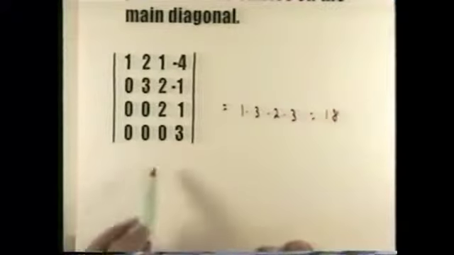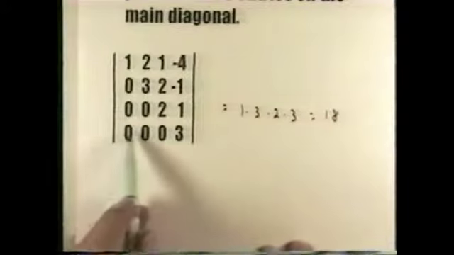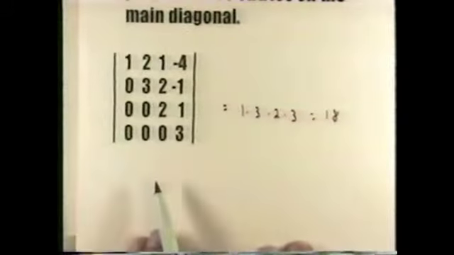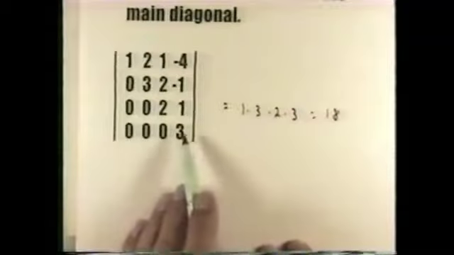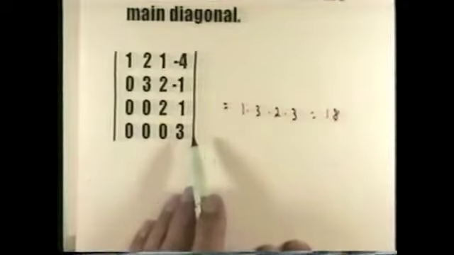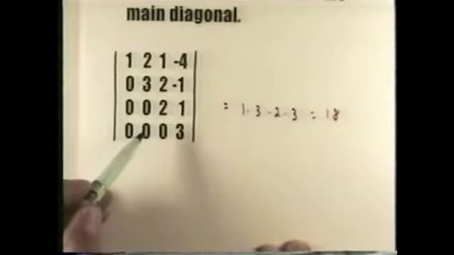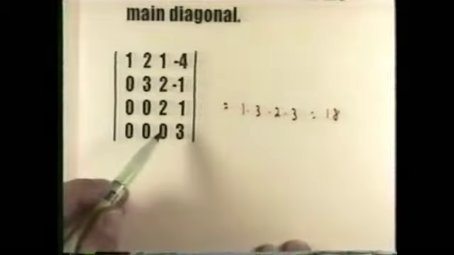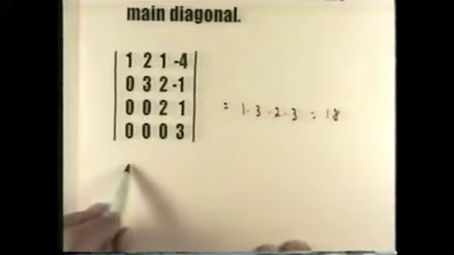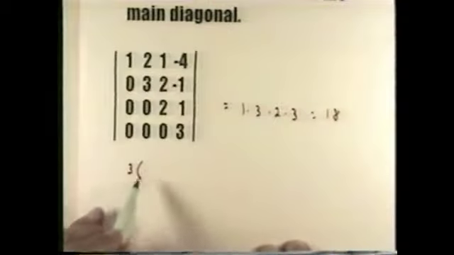Now, let's see why that's true. I can expand about any column or any row. So I choose to use row 4. Now 0 times its cofactor is 0. 0 times its cofactor is 0. 0 times its cofactor is 0. So I only have 3 times its cofactor.